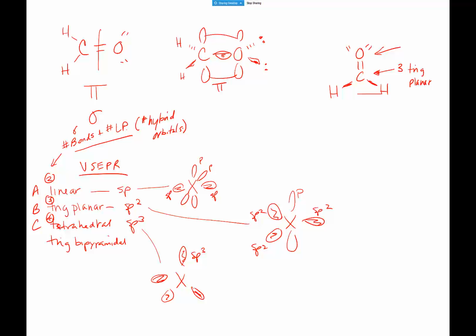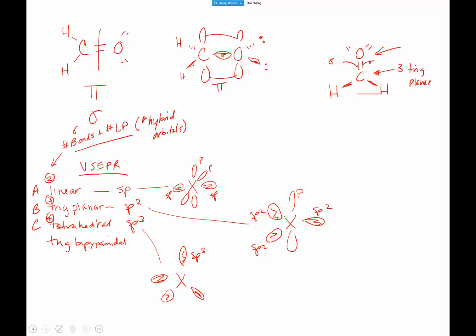And remember that in a multiple bond, the first bond is the sigma bond and the second bond is the pi bond. So 1 sigma, 2 lone pairs, 3 hybrid orbitals. That's going to make this also trigonal planar. And each one of these two, the carbon and the oxygen, are going to be sp2.